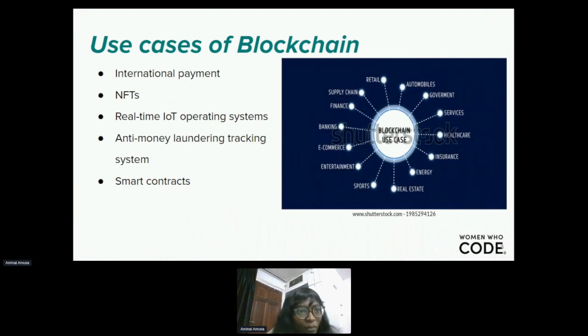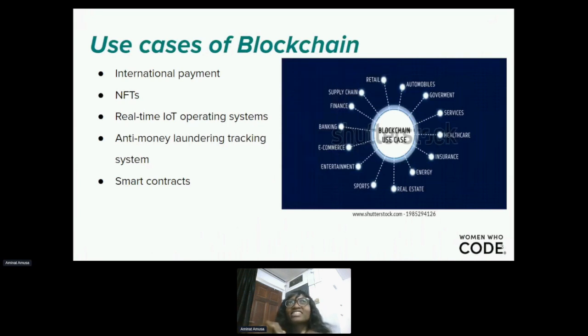And another use case of blockchain is anti-money laundering. So I mentioned earlier that blockchain is transparent, meaning anybody can see transactions that take place on the blockchain. So if I am, for instance, a government official, and I say, okay, I spent $2,000 on this particular project, if the transaction took place on blockchain, it is there.